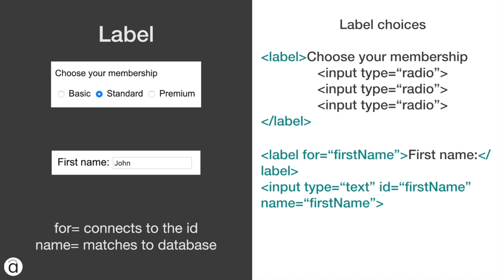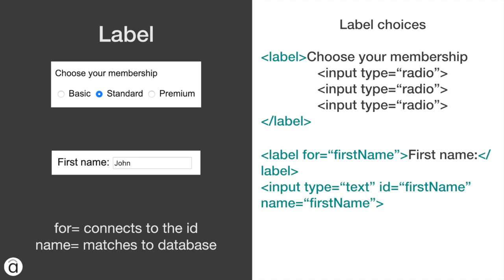So what? Well, the label for first name points to the input with an ID of first name. I'll just say that again. The label with for equals first name points to the input with an ID of first name. And we'll have a look at this in a minute when we do some coding.